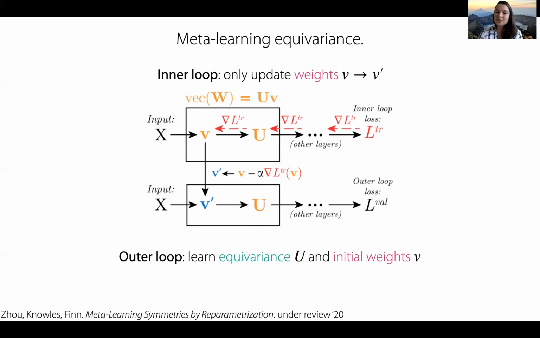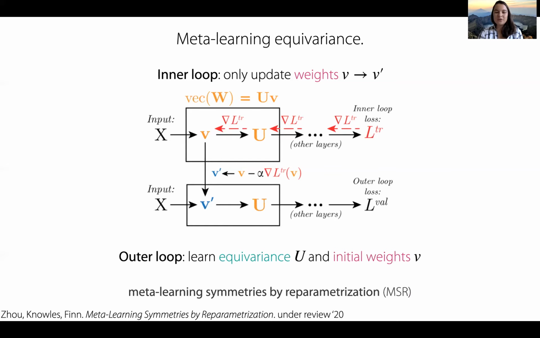Then in the outer loop, we learn both the equivariance U and the initial weights V such that we perform effective few-shot generalization. So this gives us a way to learn equivariant structure, such as the structure represented by convolutions and other transformations.